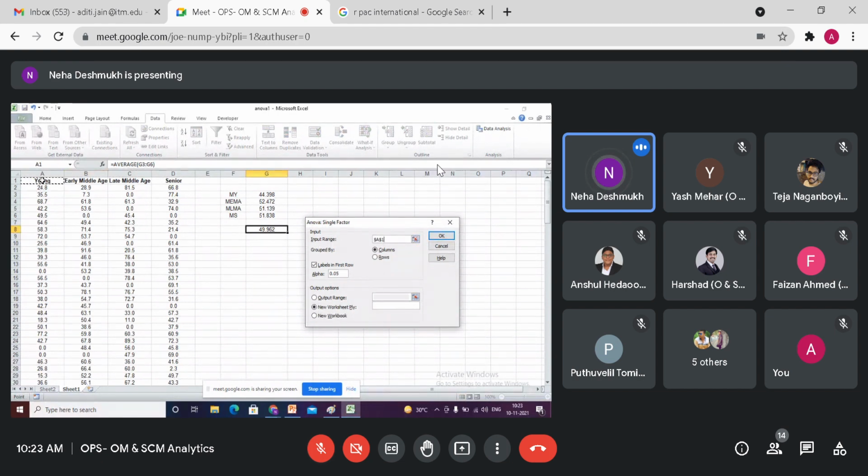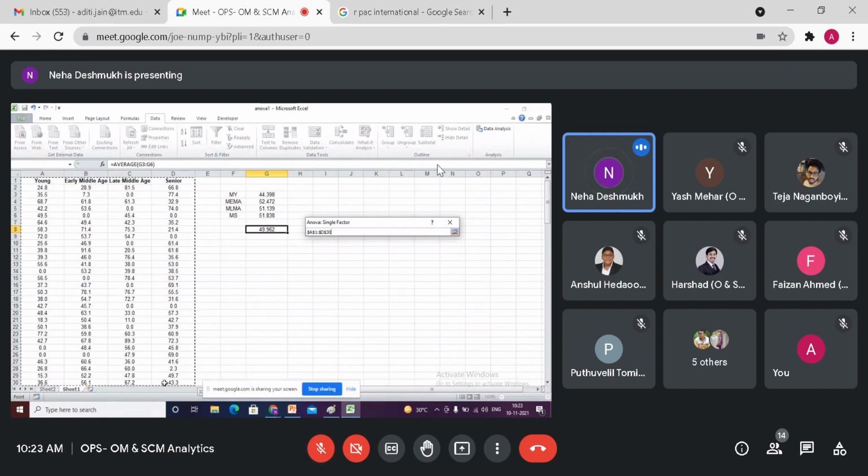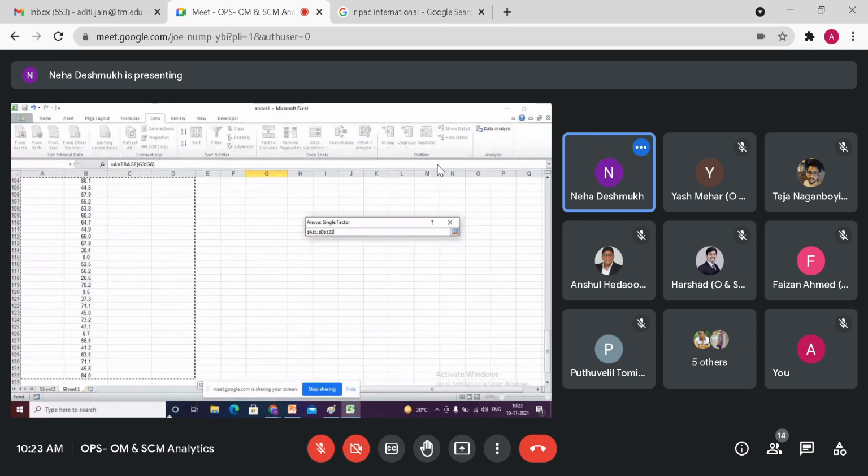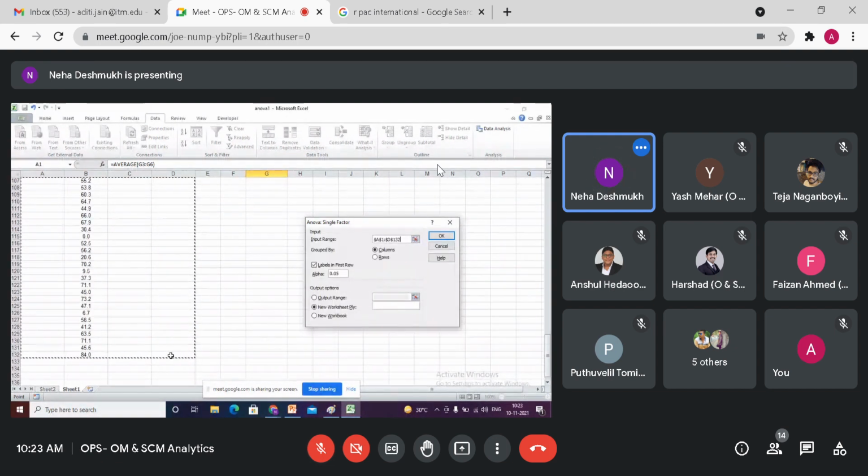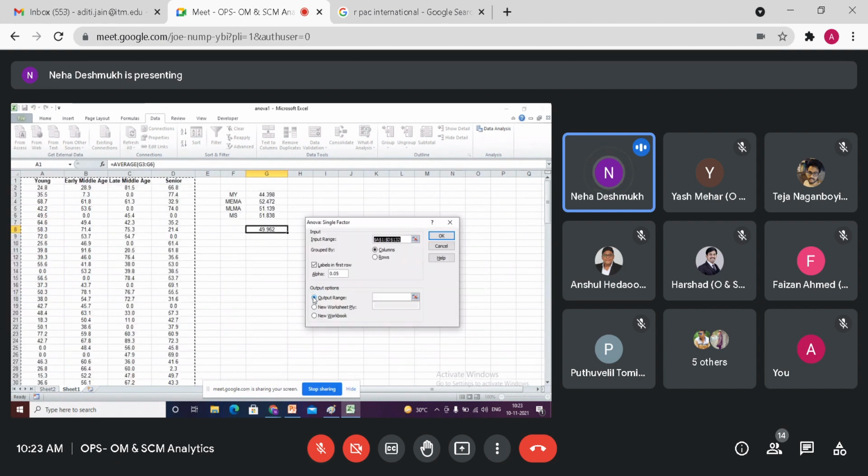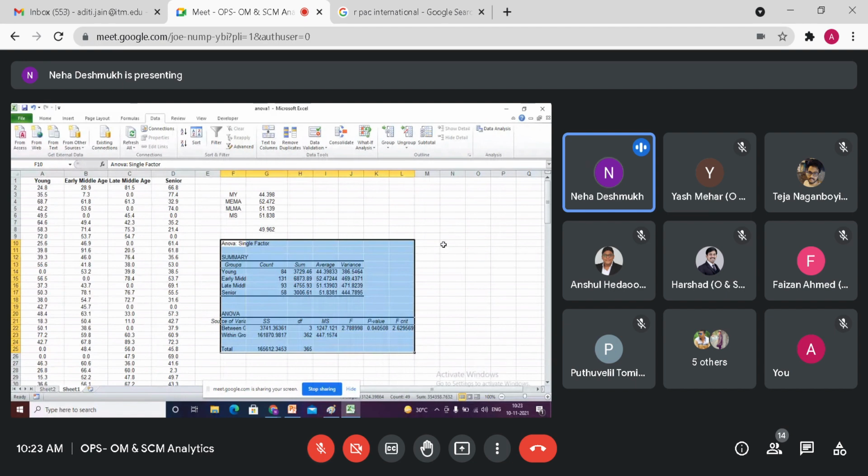Then Labels in First Row, yes, I have selected that. Alpha value will be 0.05. For output range, I can choose a new worksheet, or I can choose the output here also. Select the cell where you want the output, and OK, right?